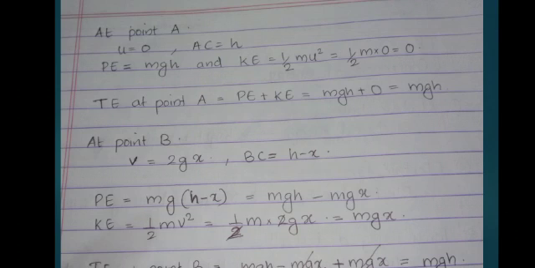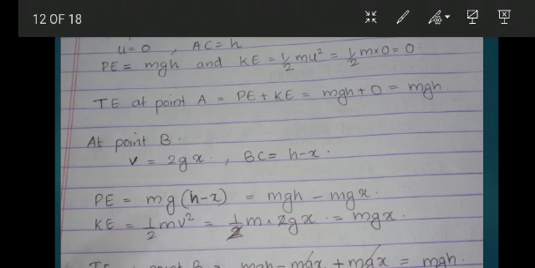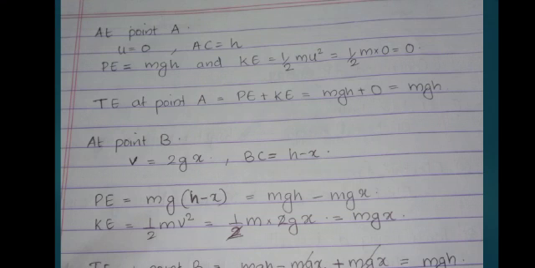Now we have to find the kinetic energy. So the value of kinetic energy is equal to half mv square. Here velocity is equal to 0. So we have half m into 0 square, that is equal to 0. That means at point A the body is not in motion, so the kinetic energy is 0.